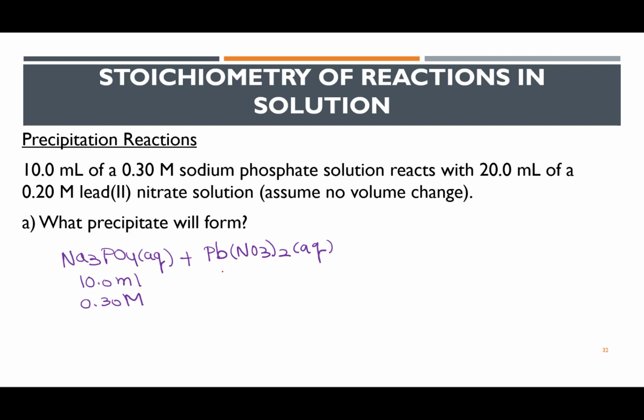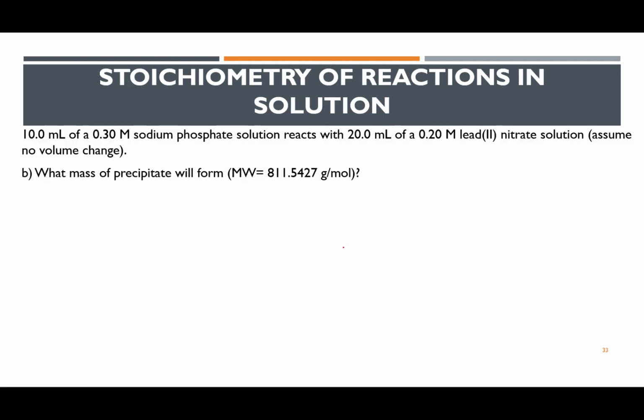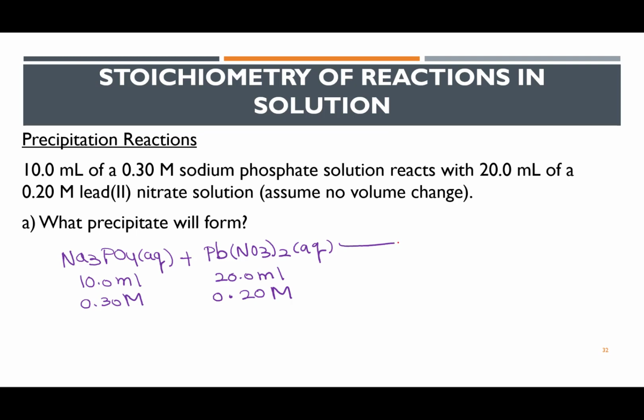Then the volume is 20, and the concentration is 0.2. Part A asks you what precipitate will form. What we have to do is write a balanced chemical equation.